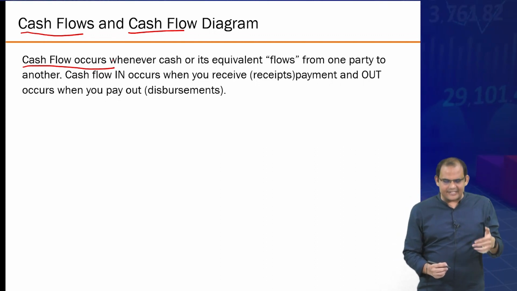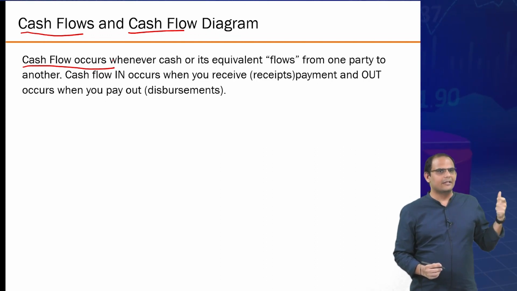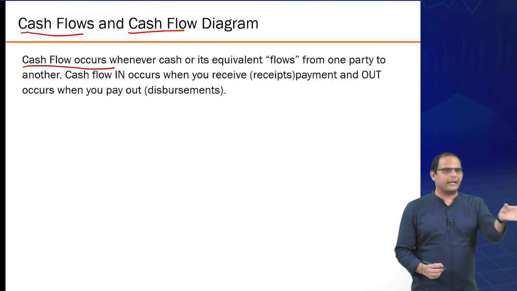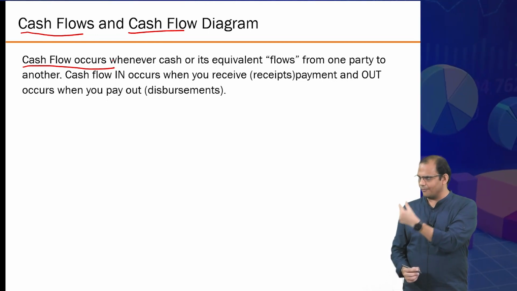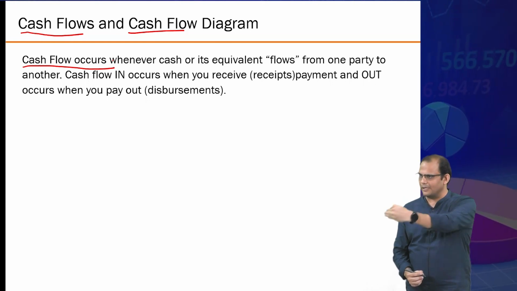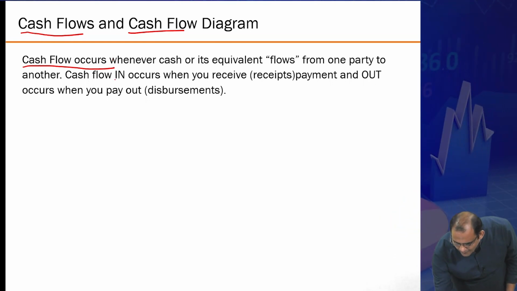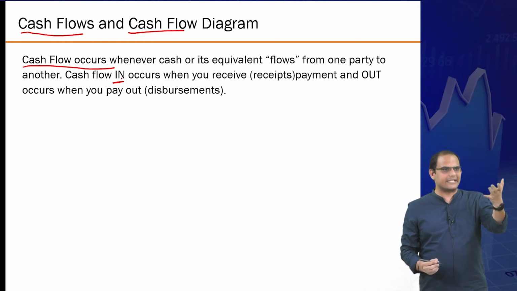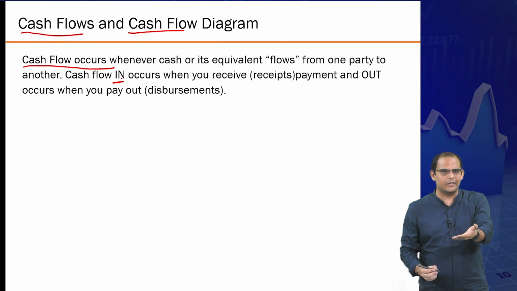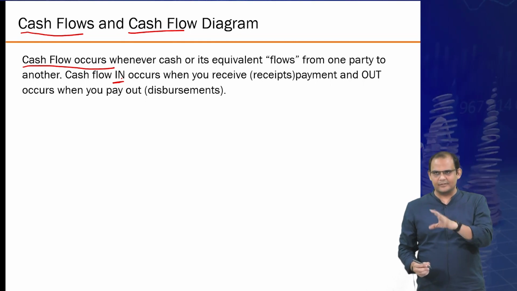A transaction occurs only when cash goes from one party to another party, and that is called a flow because the money is flowing from one hand to another hand. So, cash flows in when you receive the money, cash goes out when you pay the money, right? Simple.